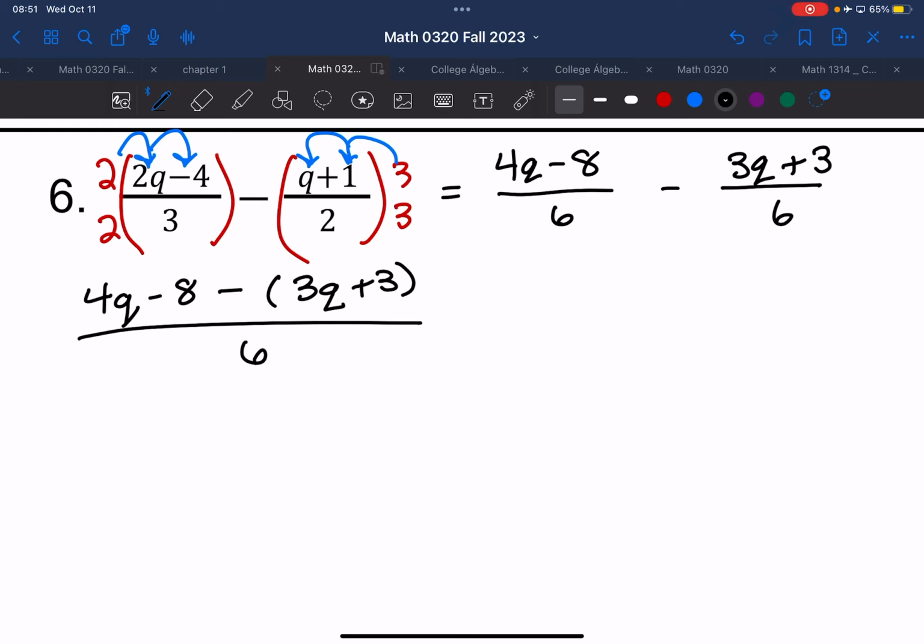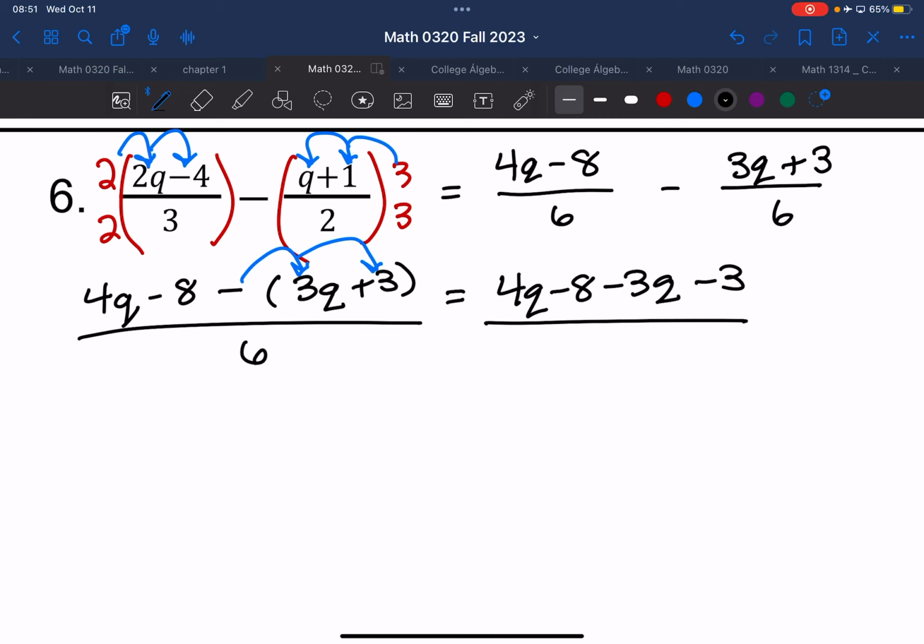What happens with the 3q plus 3 since that minus is on the outside? Signs will change. Good, the signs will change. So instead of a positive 3q and a positive 3, they're going to be negative now. So I have 4q minus 8 minus 3q minus 3 all over 6.